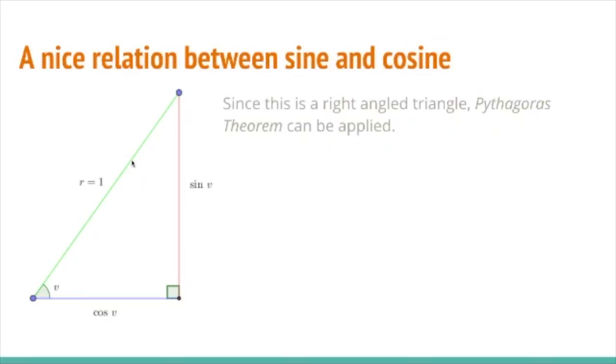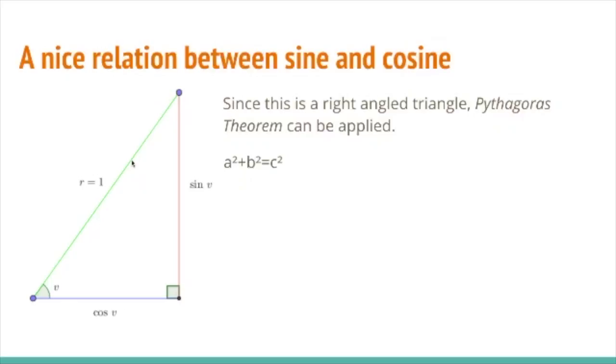Now, since this is a right angle triangle, we can use Pythagoras' theorem. It is stated as a squared plus b squared equals c squared. So a, b, and c are lengths in a right angle triangle, and c is the hypotenuse.